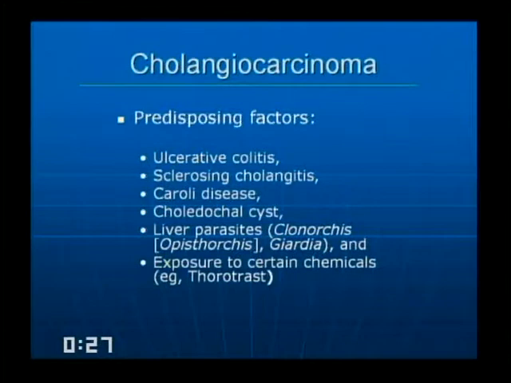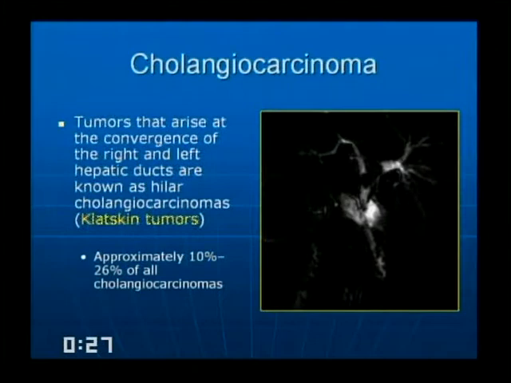I've had examples of a cholangiocarcinoma developing in a choledochal cyst, and in association with parasites such as Clonorchis sinensis, Giardia, exposure to certain toxic chemicals. The term Klatskin tumor is when the cholangiocarcinoma is located at the bifurcation of the bile ducts, and that's about 10 to 26% of all cholangiocarcinomas.